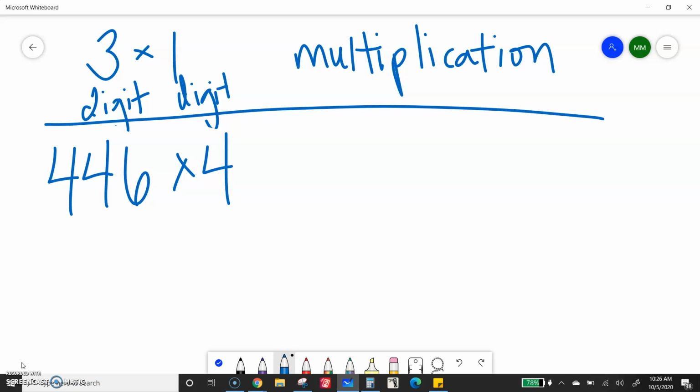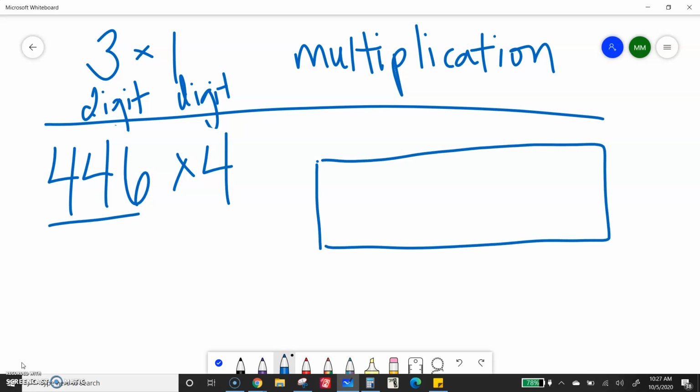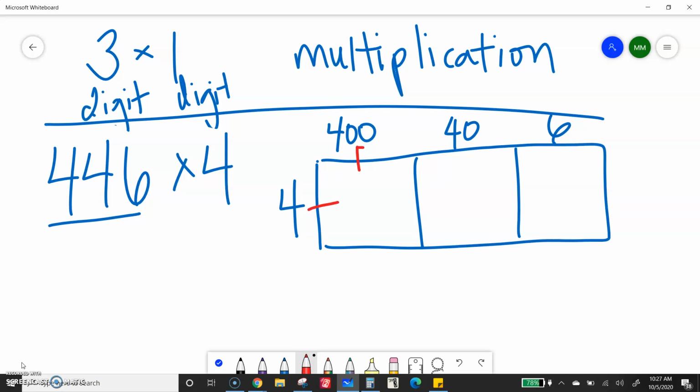So like I said, they did the window method. So I'll remind you what that looks like. We take and we divide this number up into its values. 446. Now I have 4 over here, so I'm going to do 400 times 4.